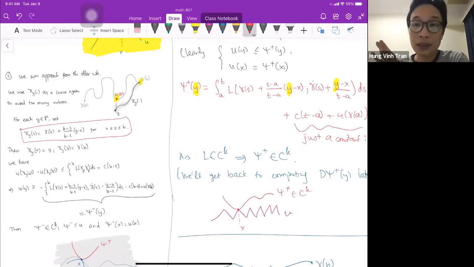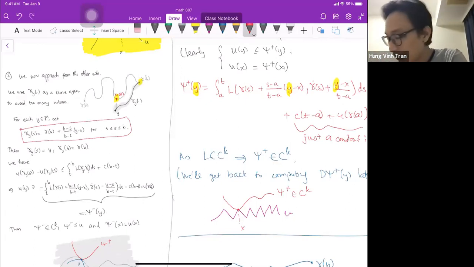And as I said, you can design many other curves as well. You don't have to use exactly this one, but I would say it's the simplest one if we have to design. I need to use gamma, and then I'm going to add a line segment going from y minus x to 0, right? What do I mean?